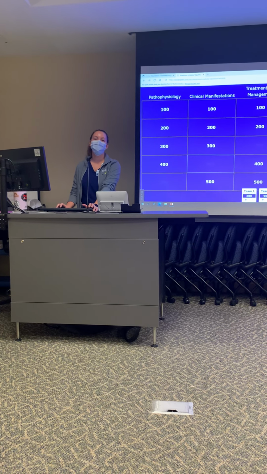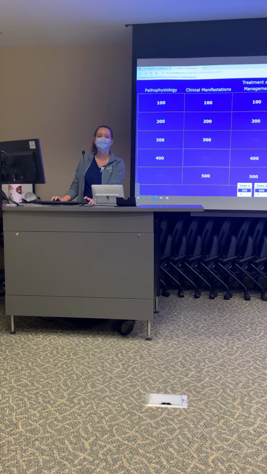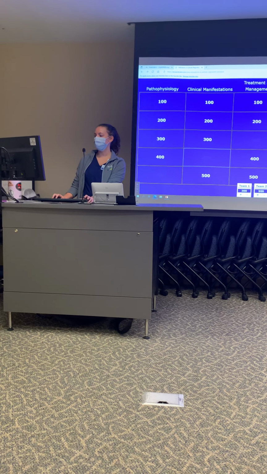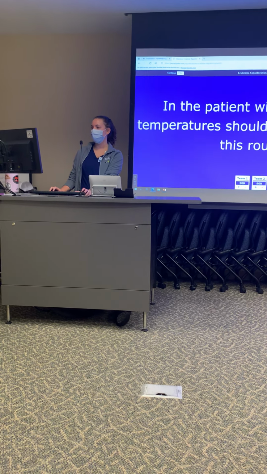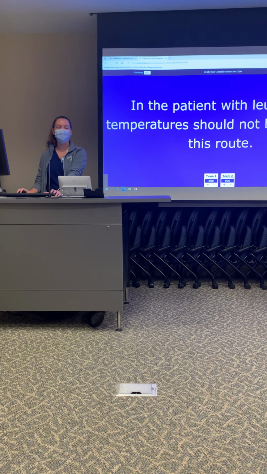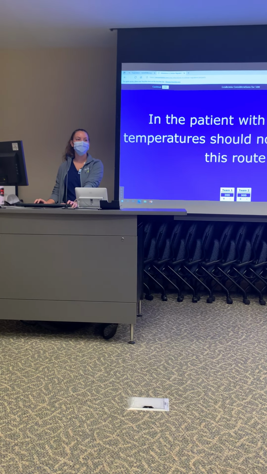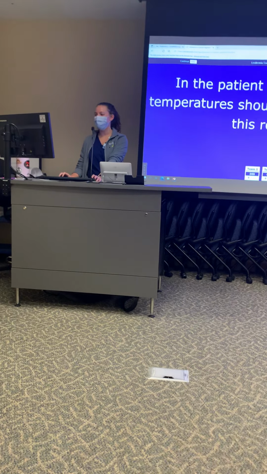Let's do leukemia considerations for 500. In the patient with leukemia, temperature should not be taken by this route. Not oral. Rectal. Good job.